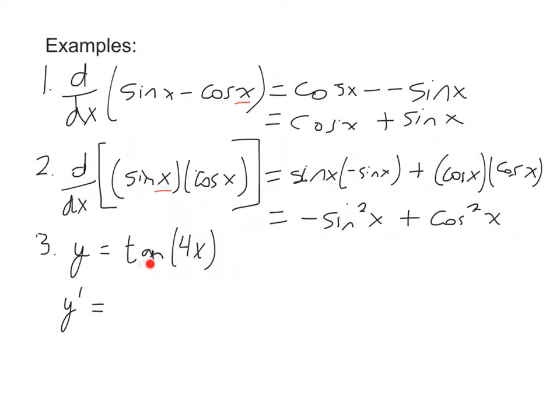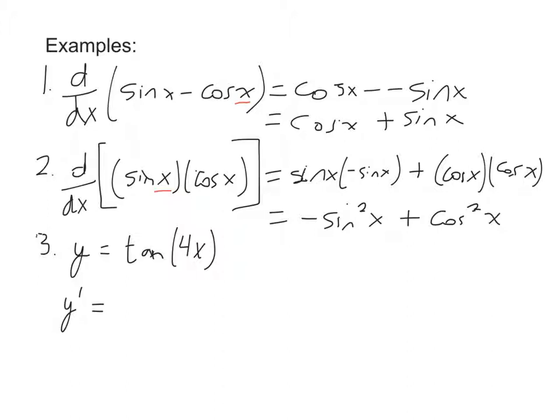I've got tangent as one function, and then I've got 4x is basically the other function, where tangent's my outer function and 4x is my inner. So I've got to take my derivative of the tangent, making sure that I'm going to chain rule my derivative of this with it. So how would that look?